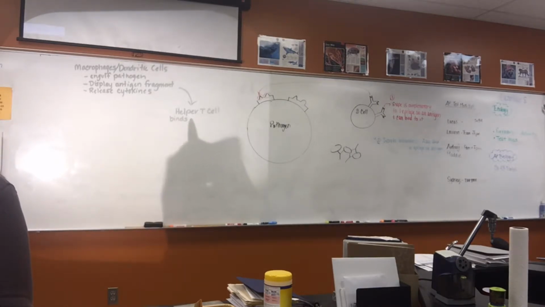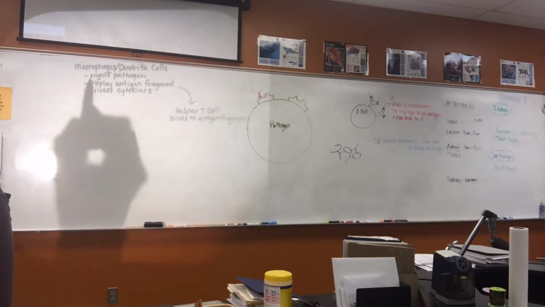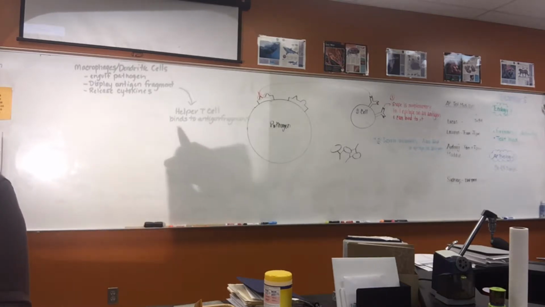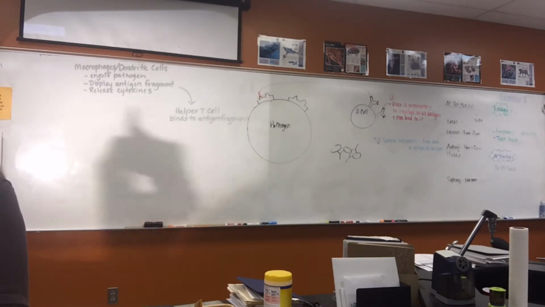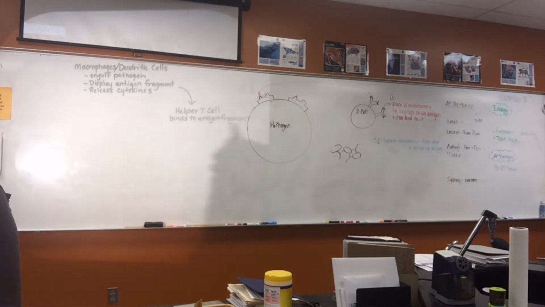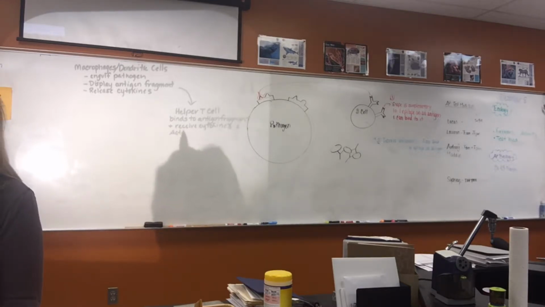The fragment. And what I mean by that is the antigen fragment that is being displayed here. And then what's the other thing that's going to help activate the helper T cell? These cytokines here, right, that are being released. So they bind to the antigen fragment and receive the cytokines, those signals. And what that's going to do is now we have an active helper T cell.